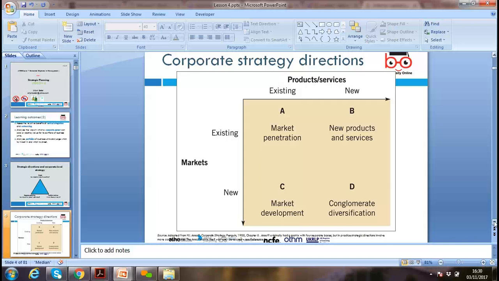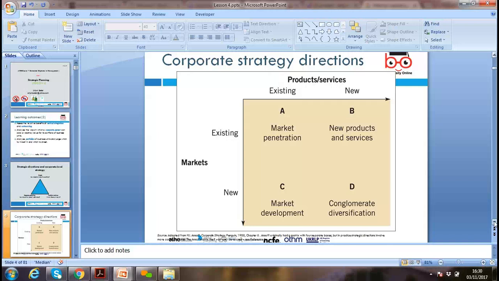Or we want market development, which means selling the existing product in a new market. That's market development: we are developing our market, reaching more customers.